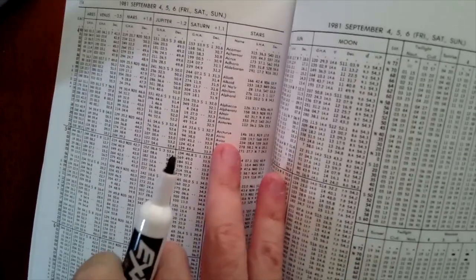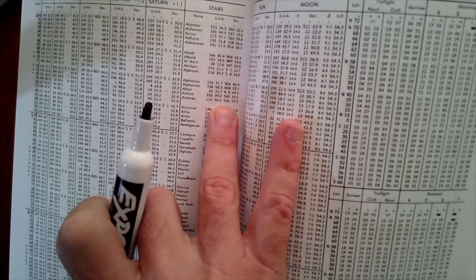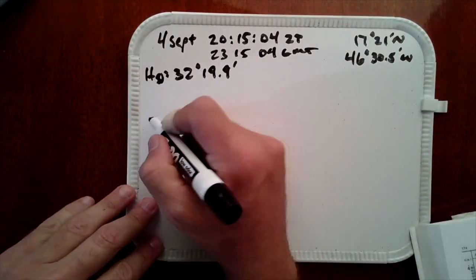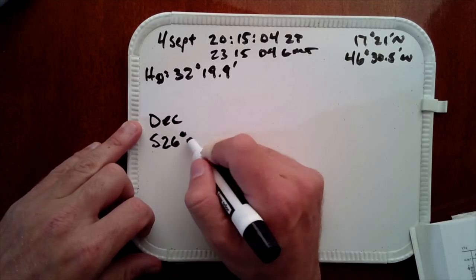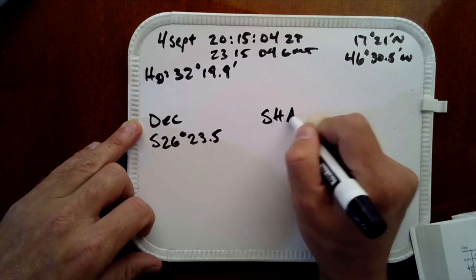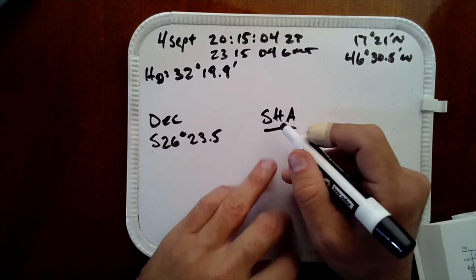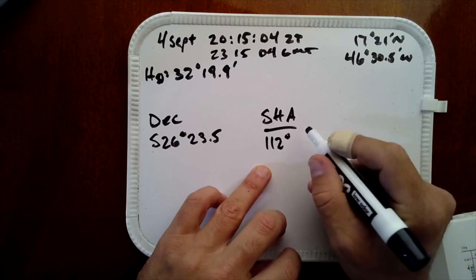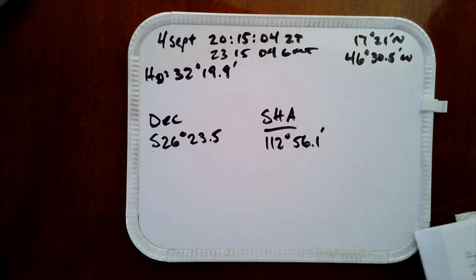So for Antares, the declination and the SHA are noted here. I'm going to note those down first. The SHA for Antares is a kind of standard value.